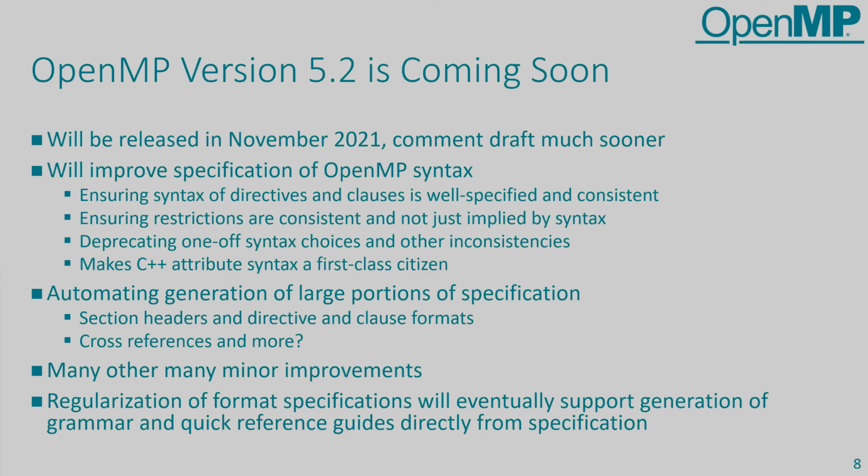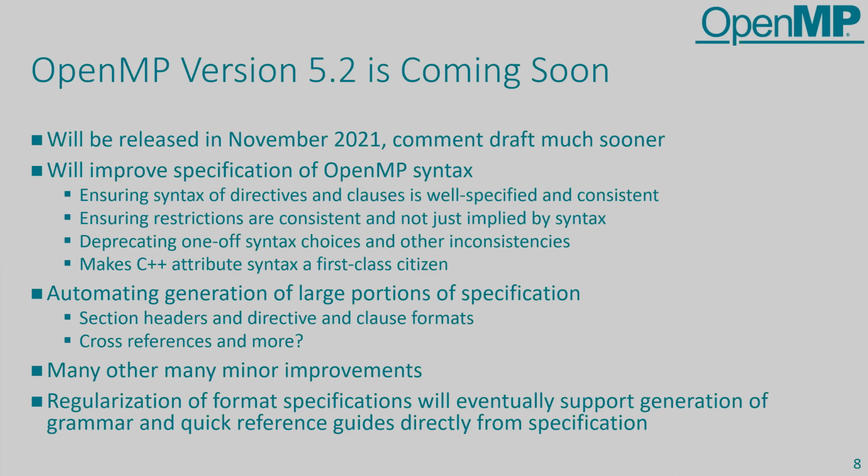All right, so the rest of the changes are kind of down in the weeds of how we maintain the specification. We're going to be generating a lot of the specification automatically. Our intent is that this will improve the consistency of what we specify, and therefore make the language itself better, because either implementers would end up saying, well, we know what the intent was, so we'll implement that, or else they'd have to implement something that was a little bit one-off because we didn't remember to repeat a restriction in this section.